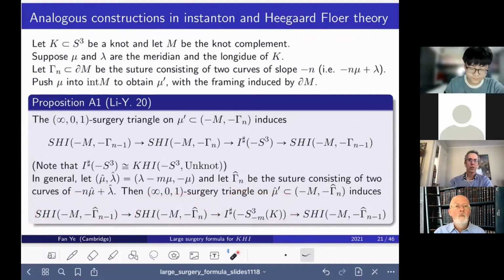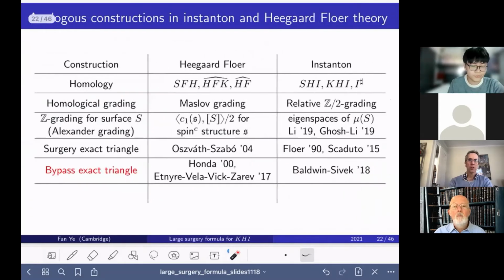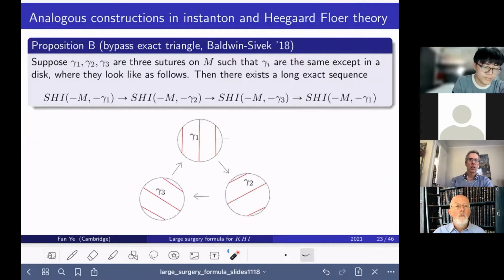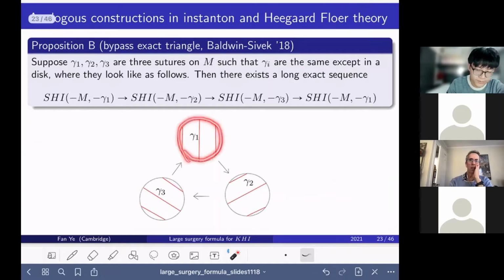Okay, and we also use another exact triangle, which we will call the bypass exact triangle. The general statement is that we consider three sutures on a 3-manifold M, so that they are the same except in a disk. And all three sutures intersect the boundary at 6 points.